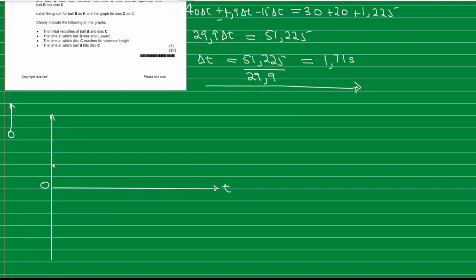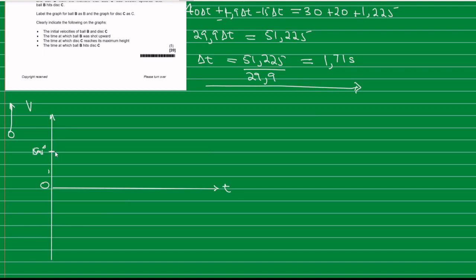So we are going to put 15 meters per second somewhere here, on the positive side of our velocity scale, which is our y-axis. If you take downward as negative, your diagram will more likely be flipped over, so your 15 will be on the negative because we are going to consider that as the negative direction.